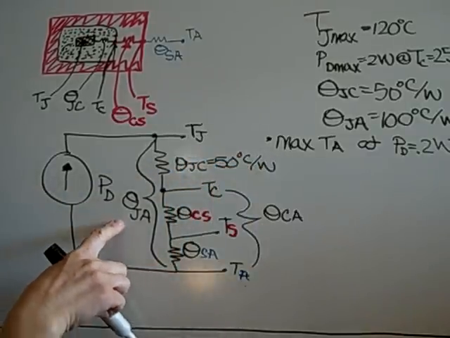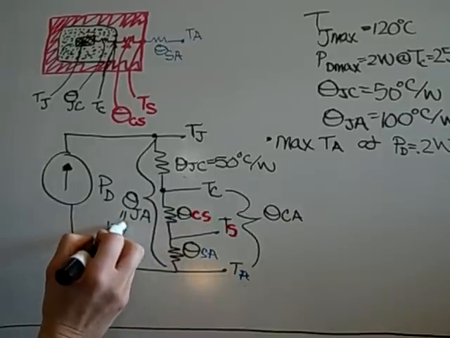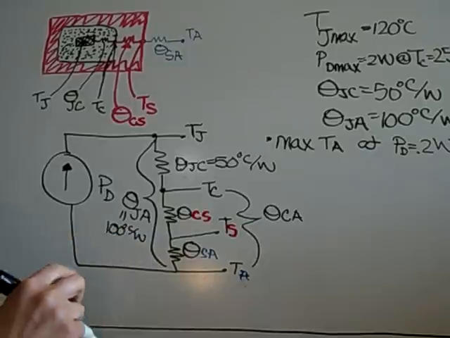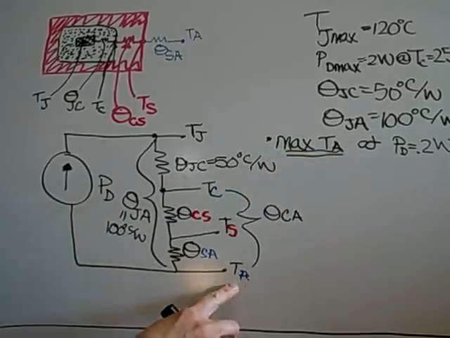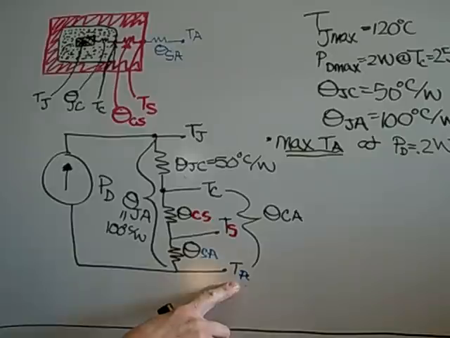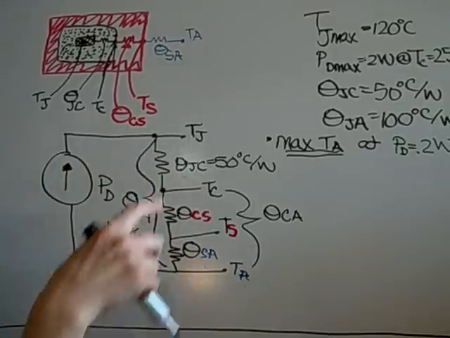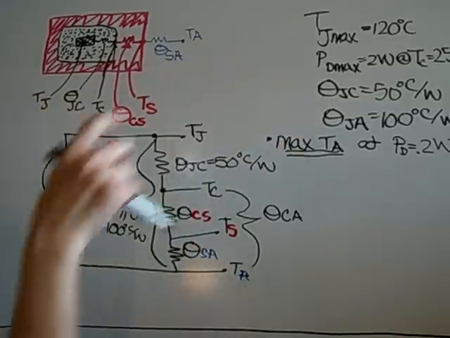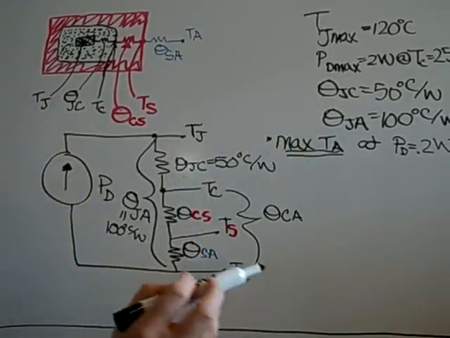We also know the overall combination of all of them is going to be 100 degrees C per watt. We want to know the max TA, which is going to be here.